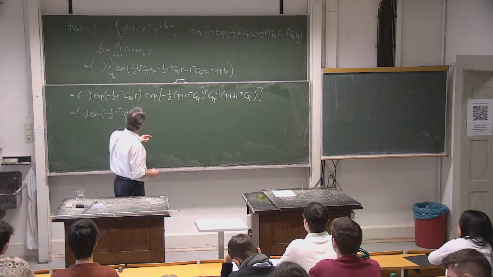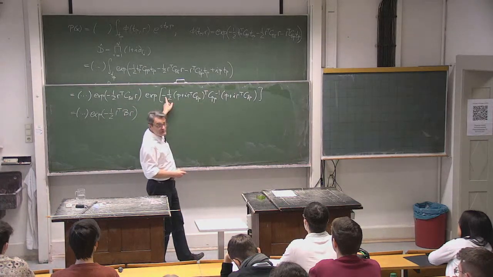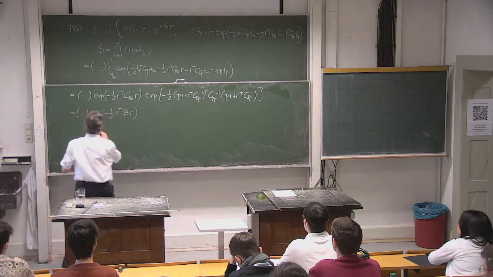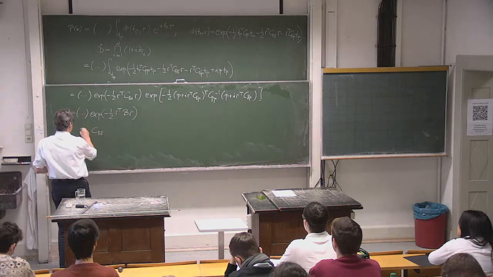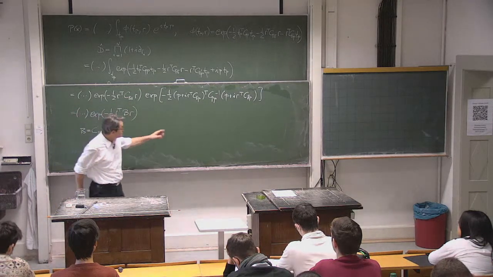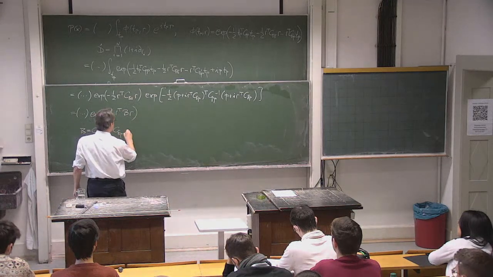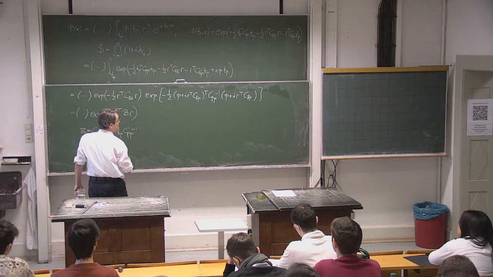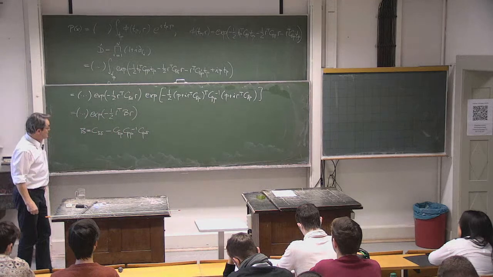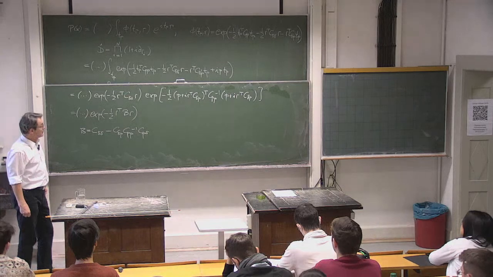Aha. You see, here we have a factor of I, here we have a factor of I gives you a minus sign together with this. Well, so B will be the original C_delta delta, now minus something. And this minus something is C_delta P times C_PP to the minus 1 times C_P delta. All right. Okay.